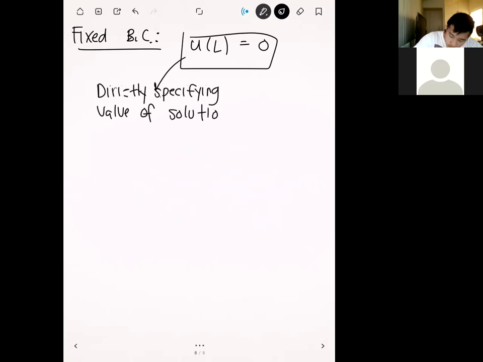We're not dealing with any derivatives. We're just saying that the displacement, which is our solution variable, has to be 0 over there. When we directly specify our solution variable, these are called Dirichlet boundary conditions.